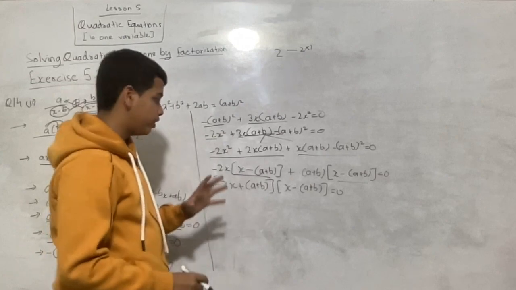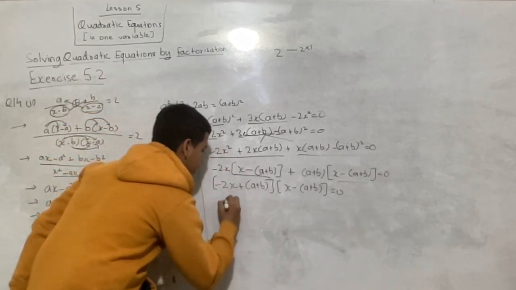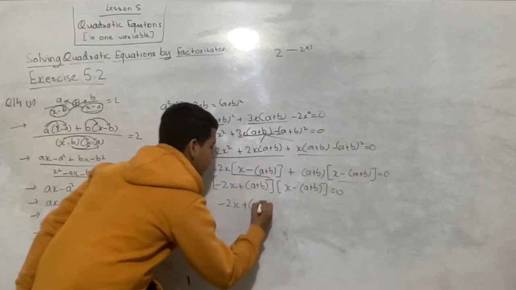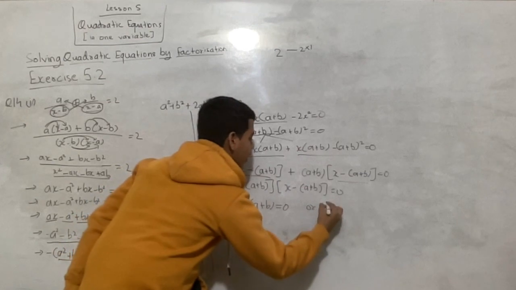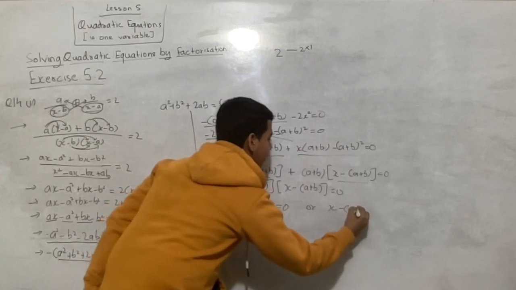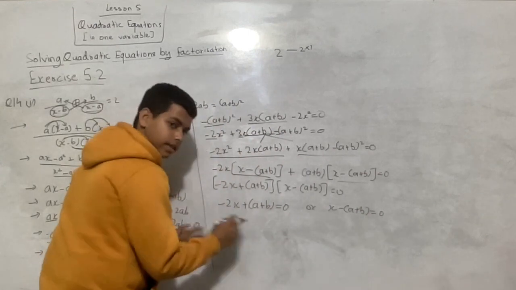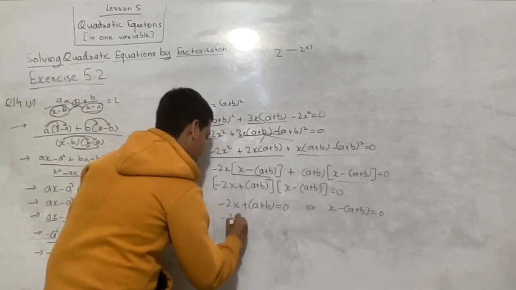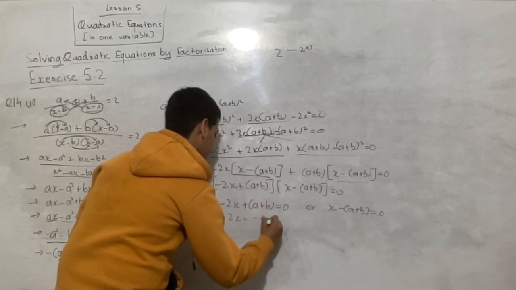Now we can use our zero product rule. Either minus 2x plus (a plus b) is equal to 0, or x minus (a plus b) is equal to 0. So let's solve it. Minus 2x is equal to minus (a plus b).